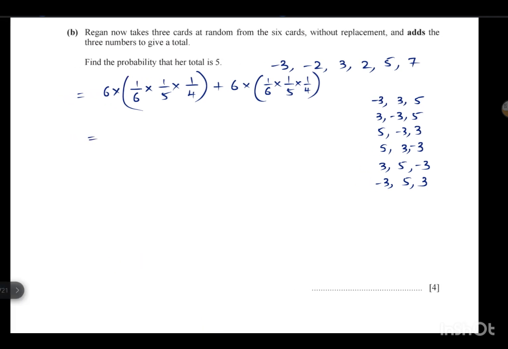Then 6 gets cancelled, 6 gets cancelled. 1 by 20 plus 1 by 20, that is 2 by 20, that is 1 by 10. The probability of getting total 5 from 6 cards, picking 3 cards at random without replacement, is 1 by 10.